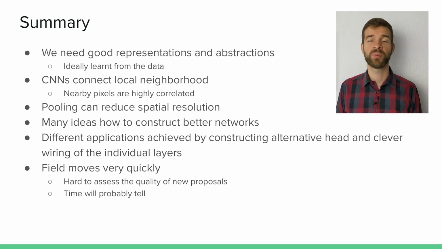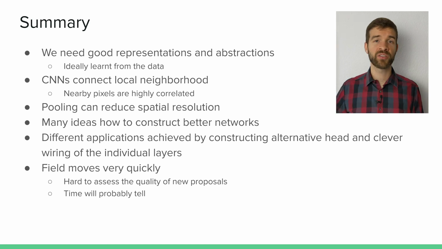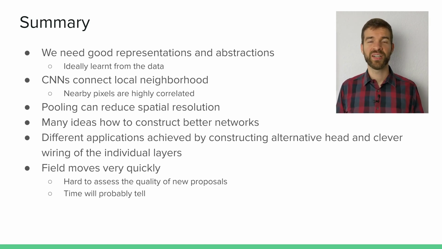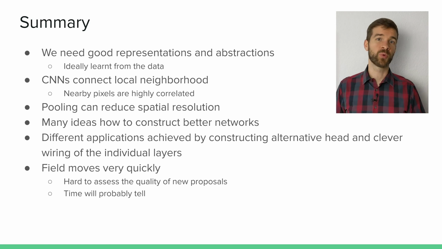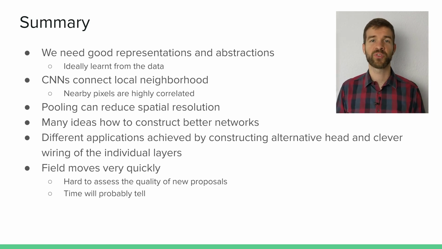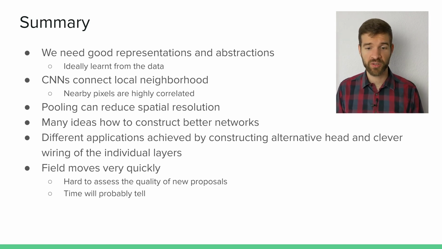And we'll probably come to this with the other topics that we see in the future, where a clever wiring will solve a problem all of a sudden. And last but not least, the field moves really quickly, so it's really hard to assess the quality of new proposals, because there are papers coming out every week where they say, okay, I've done this wiring differently, therefore it works better, and they show that for some data set it works much better.